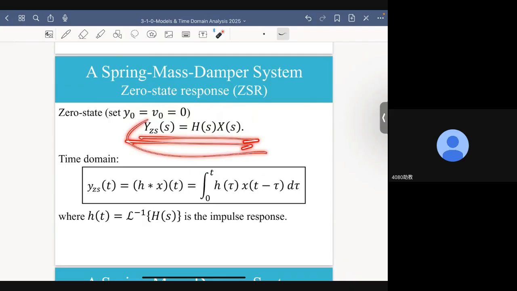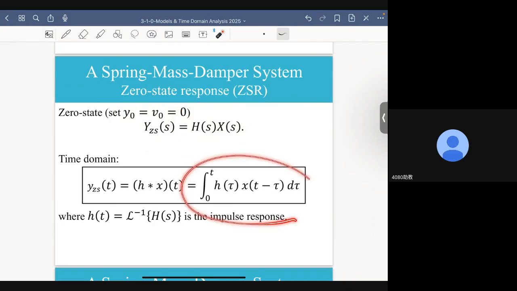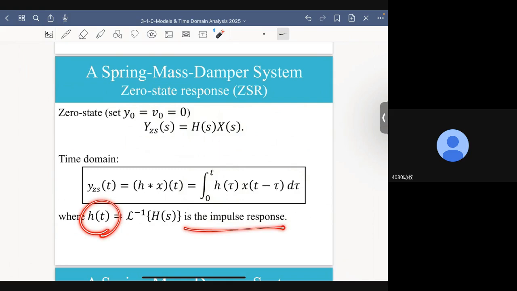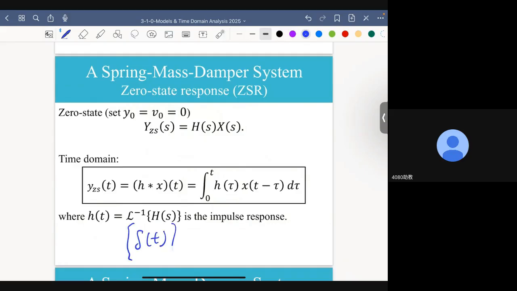Now, if you take the inverse Laplace transform of this, what you will get is the convolution integral. We talked about it before. Here, h of tau is the inverse Laplace transform of the transfer function, and h of t is therefore called the impulse response. Why is it called the impulse response? Because if you take the Laplace transform of the impulse function, what you will get is 1, all right?